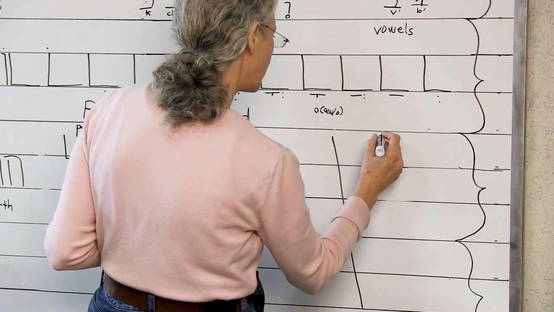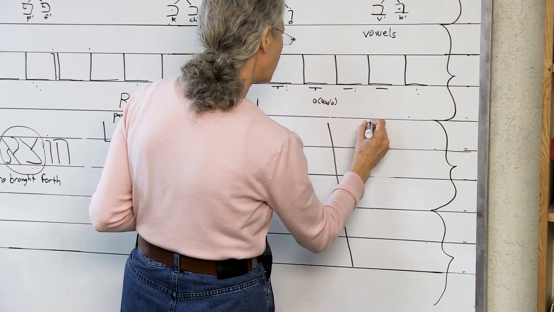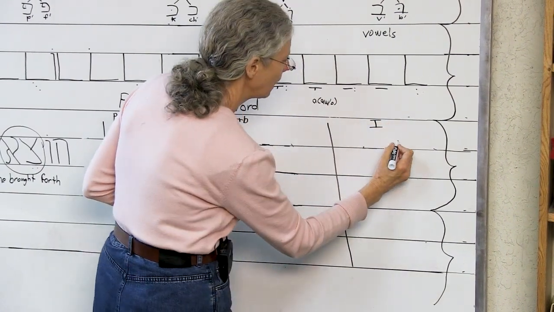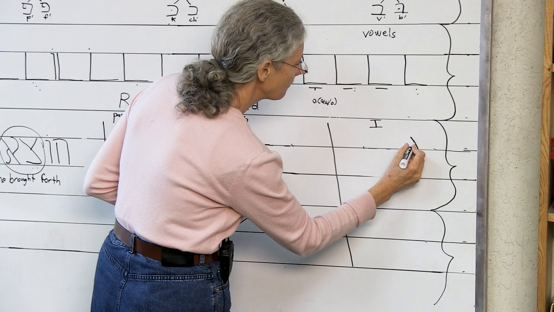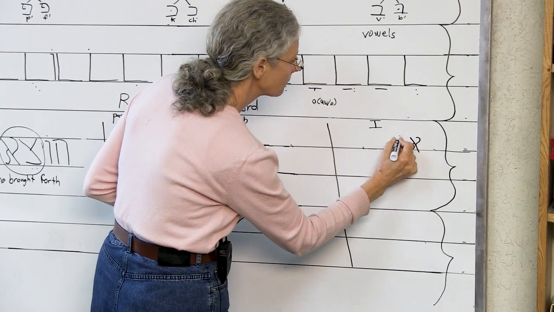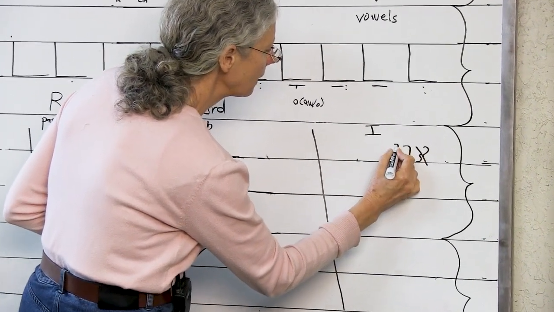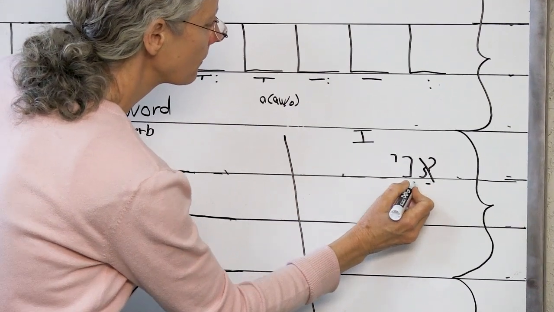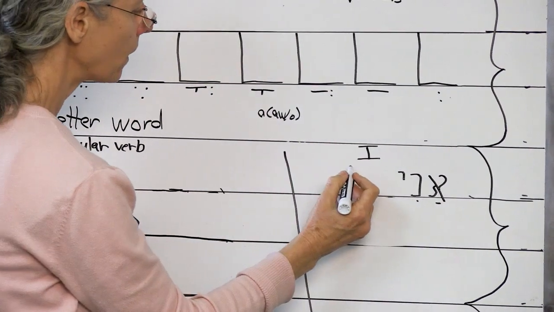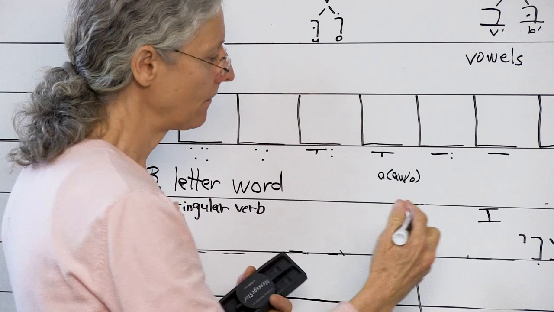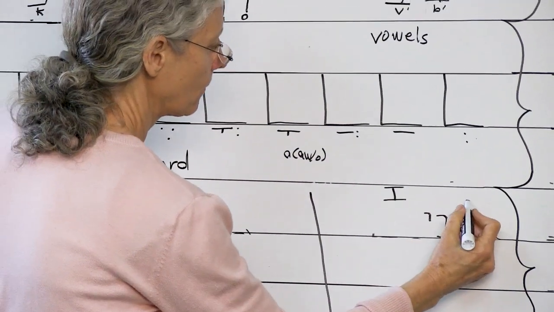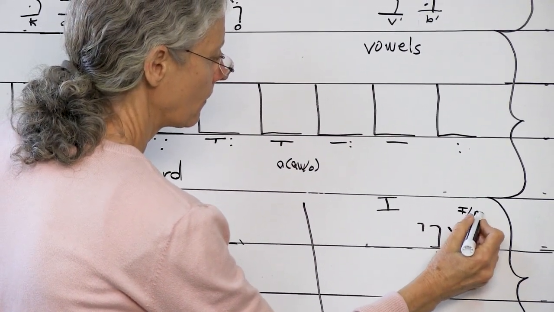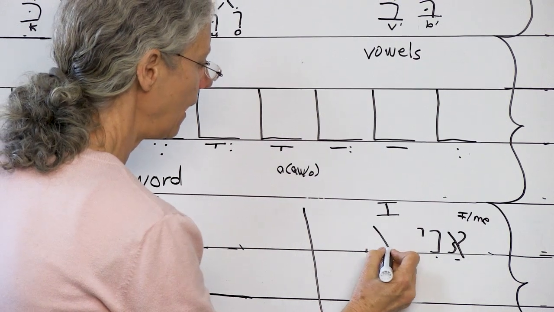So I is ani, right? Or, and that means I or me. And then anochi.